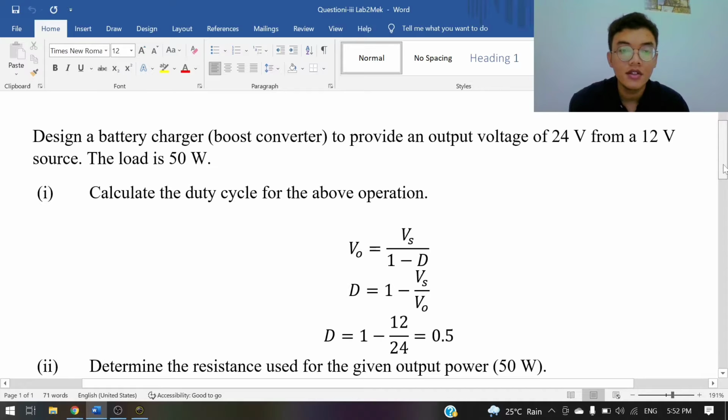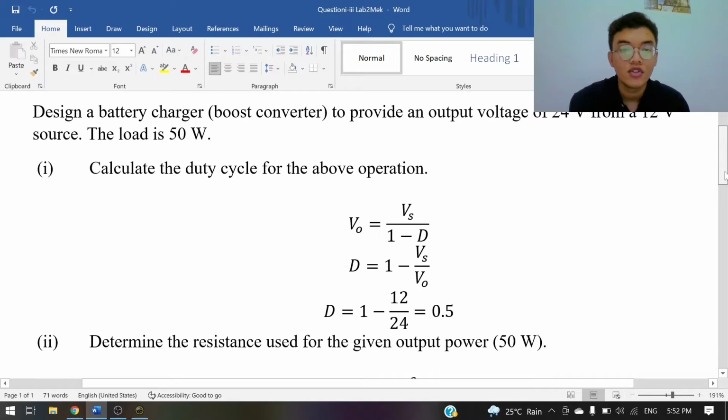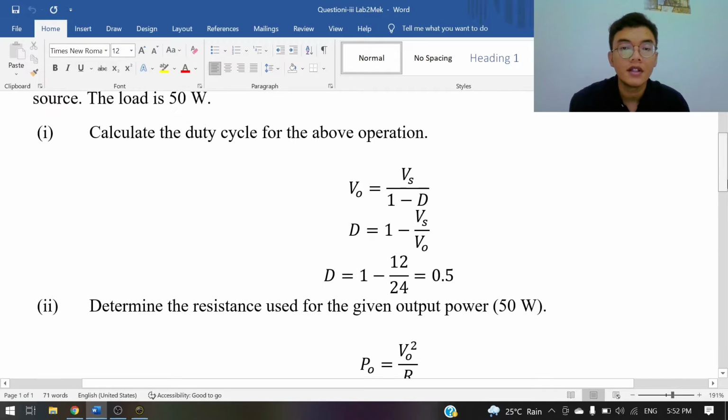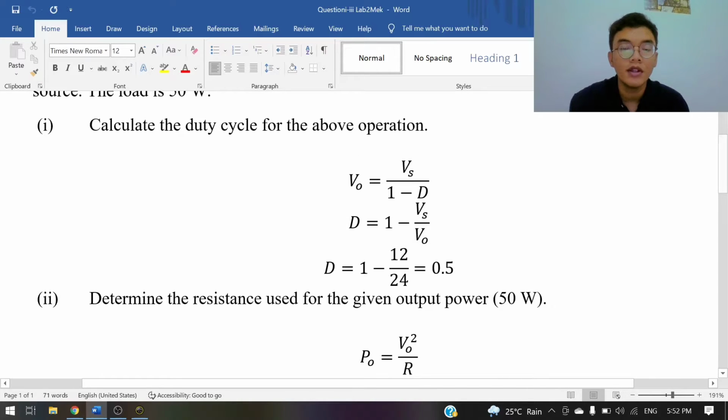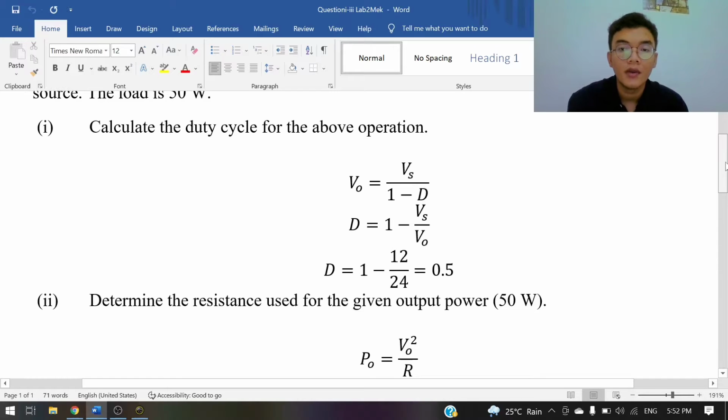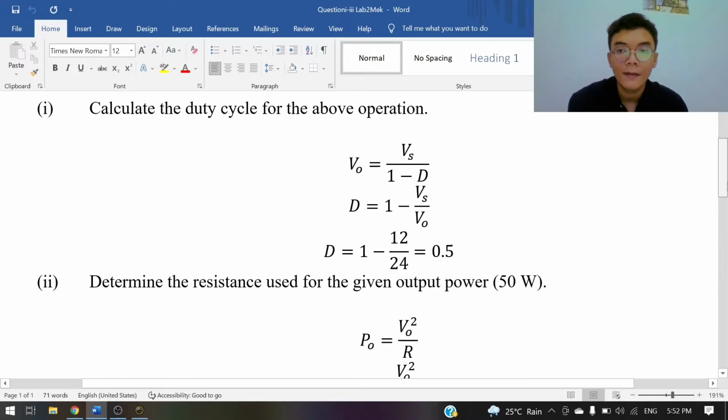Determine the resistance used for the given output power of 50 watt. So we refer to the formula: P output equals V output squared divided by resistance. The equation wants the resistance, and they already gave the output as 50 watt.